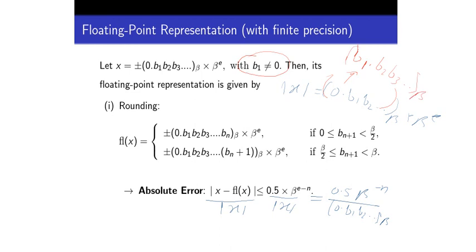Now what can I tell about this? b1 is non-zero, so what does that mean? It means 1 is less than or equal to b1, which is less than beta.